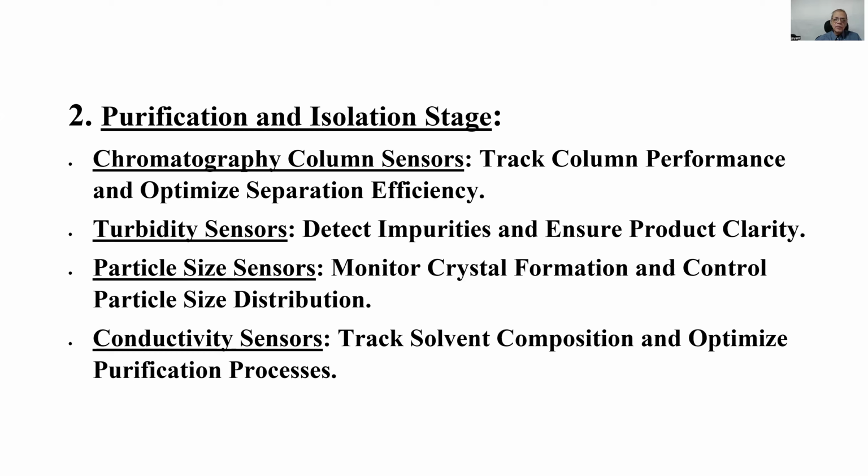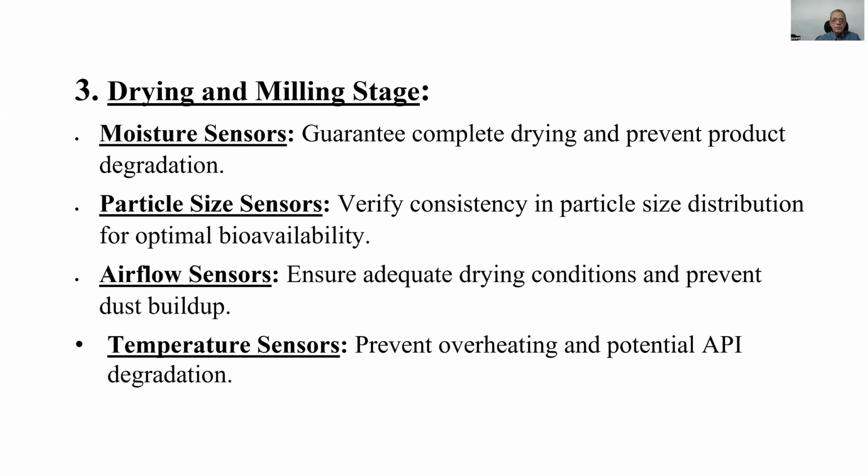Then the next one is a particle size sensor, to monitor the crystal formation and control the particle size distribution. And finally, the conductivity sensors, which track solvent composition and optimize the purification processes.